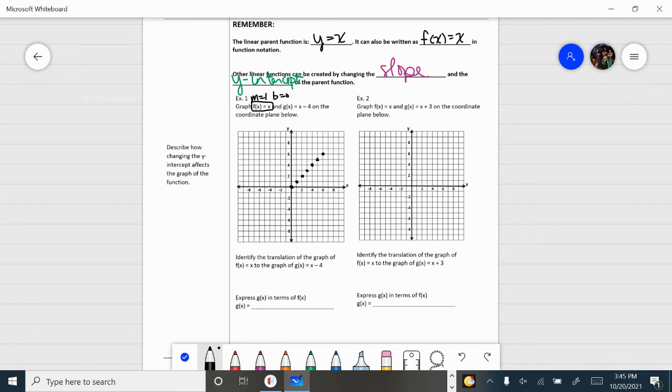So I'm just going to go ahead and draw in my parent function for this line, for this example. And then I'll go ahead and do it on example 2 as well, because they're going to be the same. Once we get that here, we're going to connect all our points for our parent function.